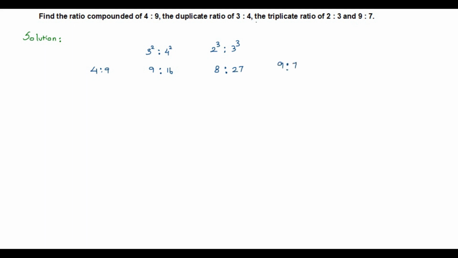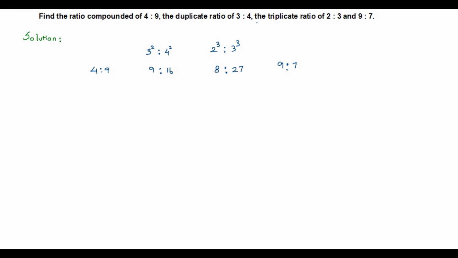Here students may get confused, particularly in this part. Here I have taken triplicate ratio only for 2:3, not for 9:7. Some students will misunderstand this particular part, that is, they have to take triplicate ratio for both 2:3 and 9:7. Actually it is not.